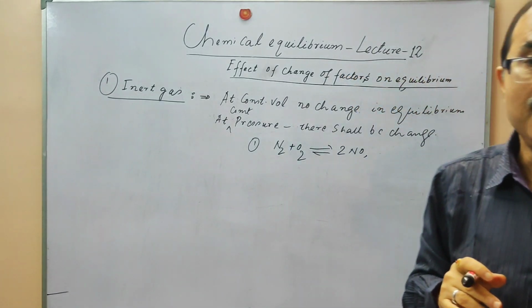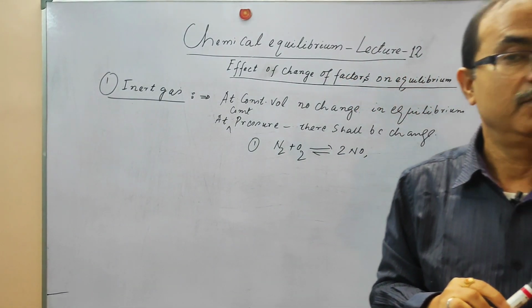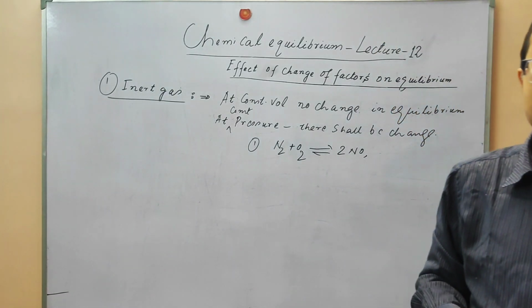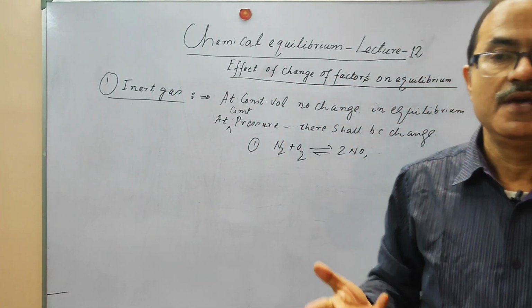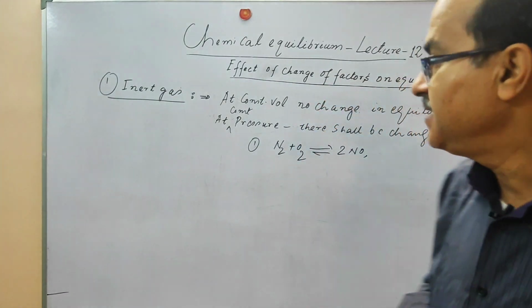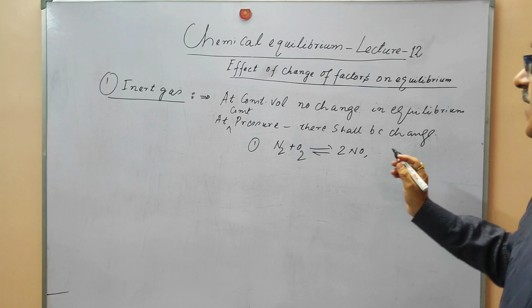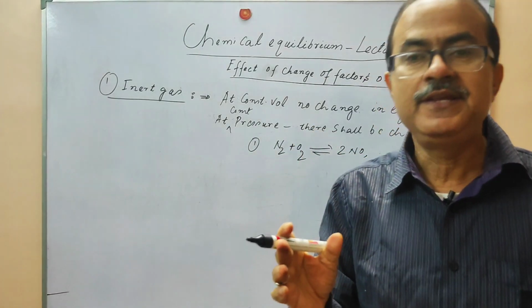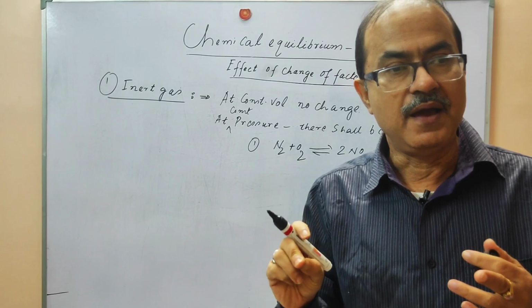So when I increase the volume, there will certainly be a decrease in the concentration of the reactants. If it decreases, then what is going to happen? There will be a probability that the equilibrium will be hampered.